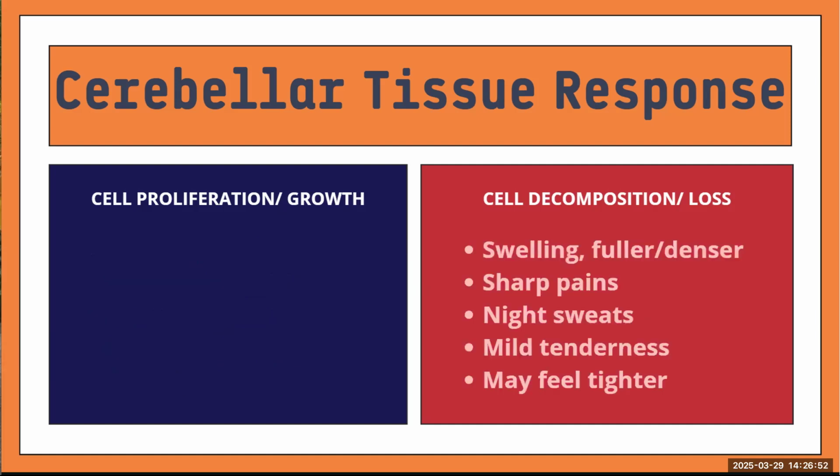Now, as the individual resolves the conflict, they move on to the warm phase and the cell loss phase. So swelling happens because fluid, as we know, we heal in a fluid environment. So fluid gathers in the breast and becomes swollen. The sharp pain is very, very particular of the old mesoderm layer. It's almost what we call pathognomonic.